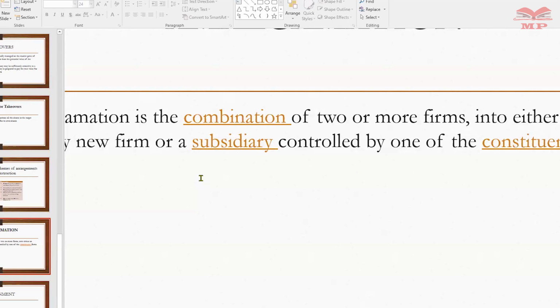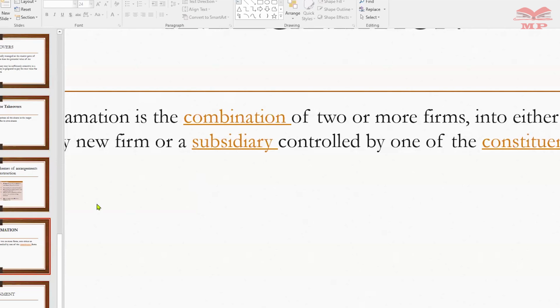And once they blend together, the shareholders, if it's for the new one, then become shareholders of the new one. If one maintains and they become the subsidiary, that is where they will have group accounts. And the provisions of the Companies Act will still apply to them.